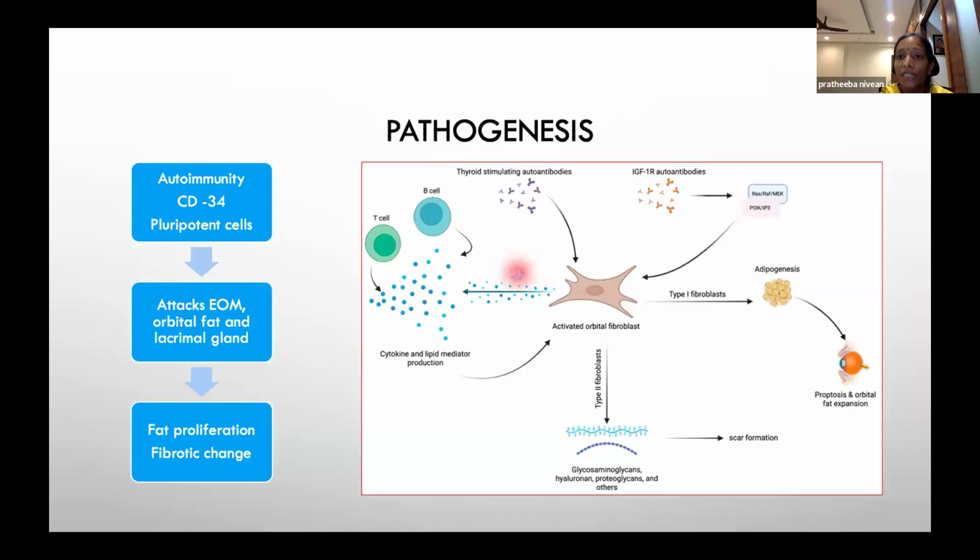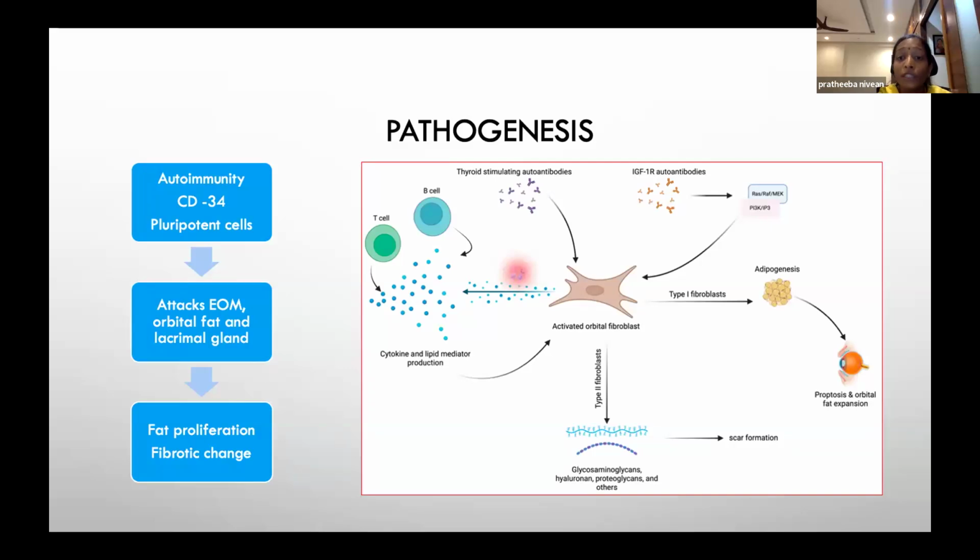There is some abnormality in that, and that causes antibody production to self-antigens. So antibodies are produced against the TSH receptor and insulin growth factor receptors. These receptors are mainly present in the extraocular muscles, orbital fat, and lacrimal gland. That is the reason these three structures are commonly affected in thyroid eye disease.